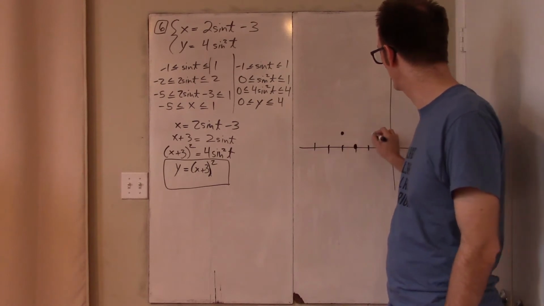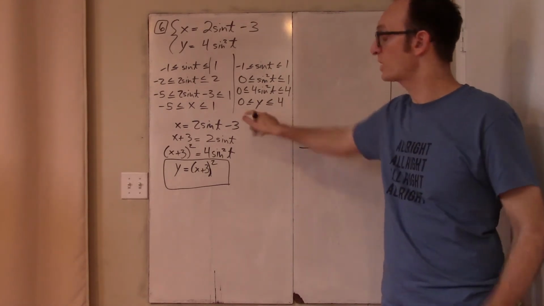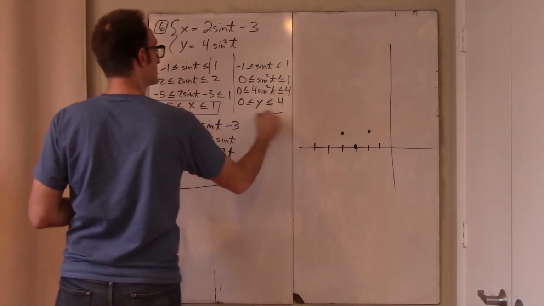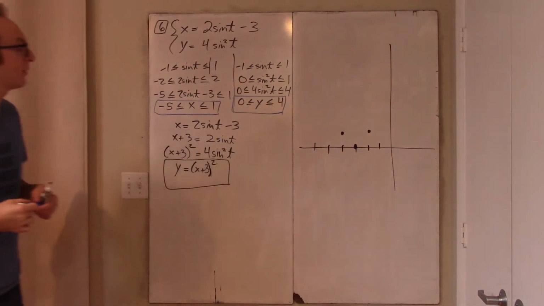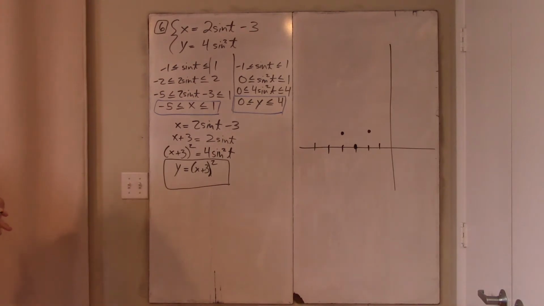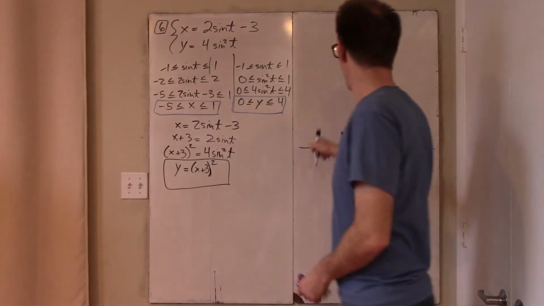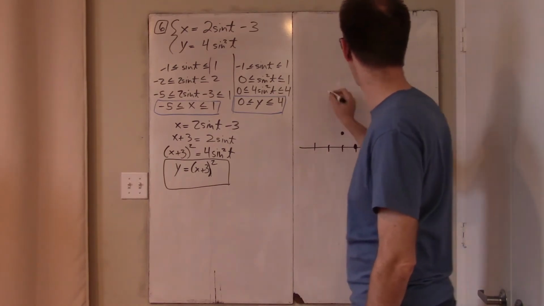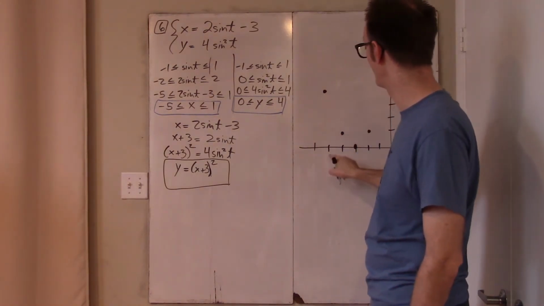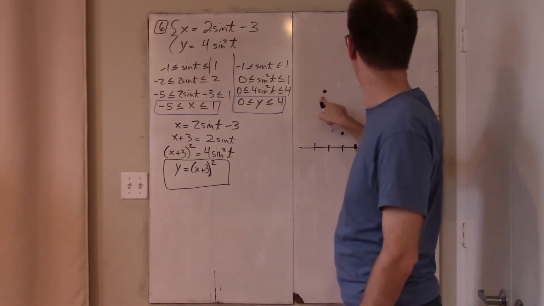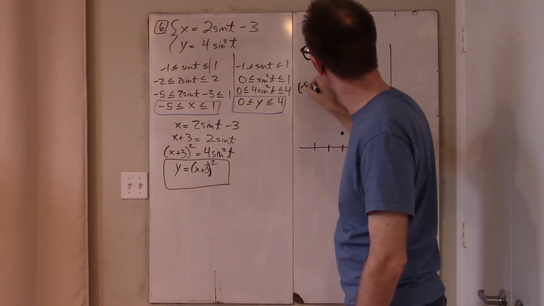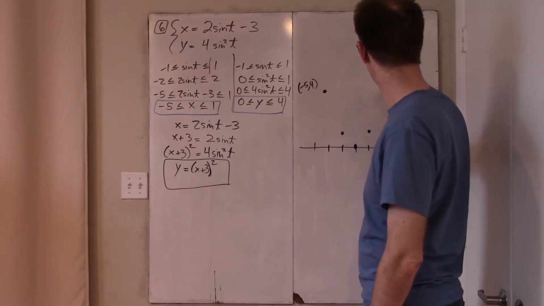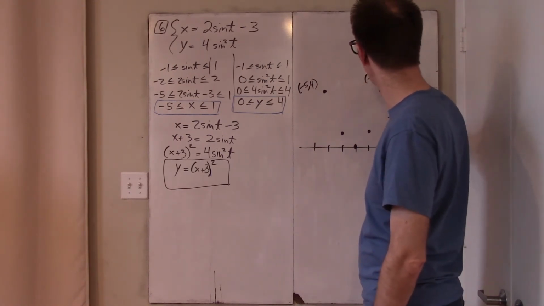And here we reach for the restrictions that we established while doing this preparatory work, and see that the x-coordinate is going to be between -5 and -1. Because I've been graphing this parabola multiple times, I know that when x is -5, the y-coordinate is 4, so that is the point -5, 4. And when you plug in -1, you also get 4, so that's the point -1, 4.